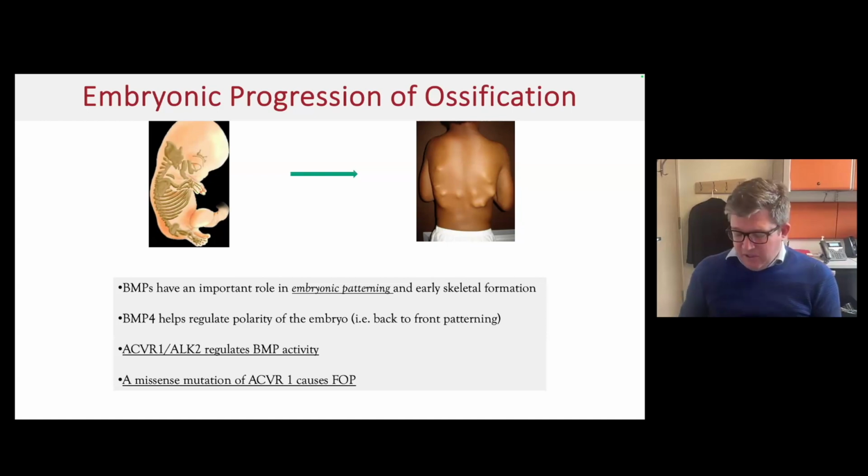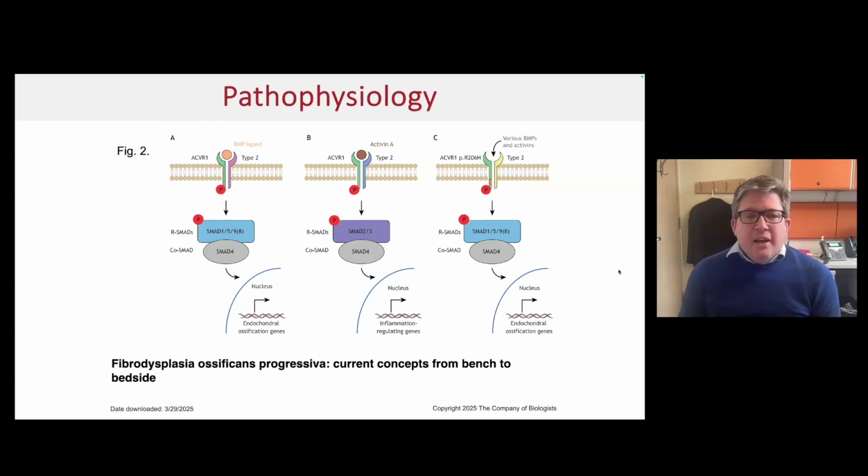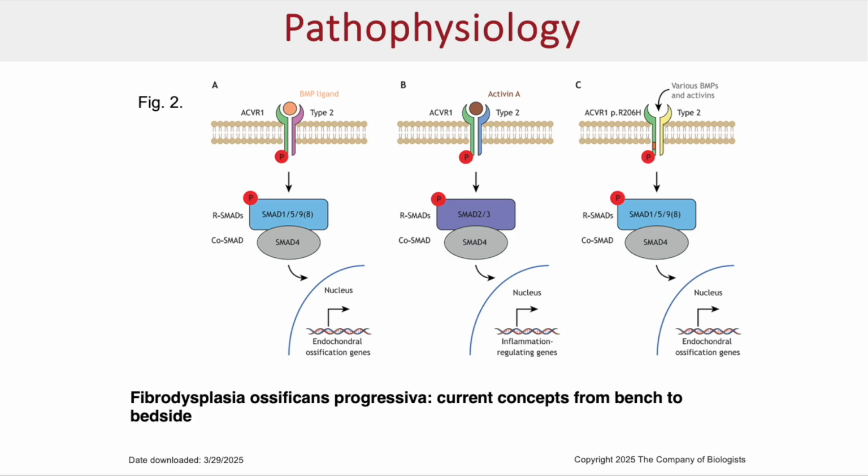As a result of this mutation, the receptor doesn't function properly, and tends to be hyper responsive and to send more BMP signaling, and so signals for a skeleton to be formed when there is no need to be building a skeleton. So that's really at the heart of FOP pathophysiology.